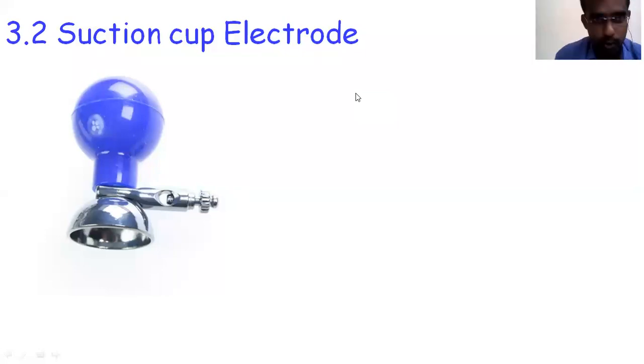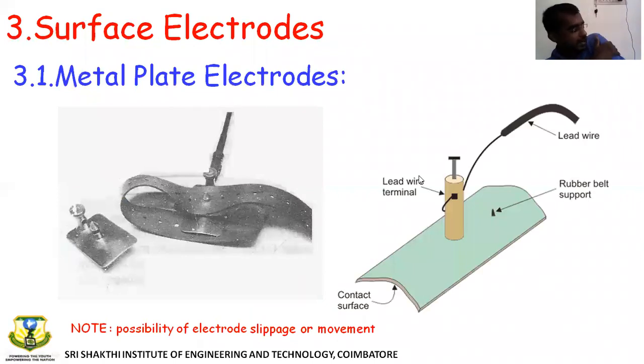The drawback of the previous one was that when you place it here, it can move, or there is slippage. Slippage means that if I place it here, after an hour it could come here. That is why there is a belt, but still when the person moves his hand, it slips.